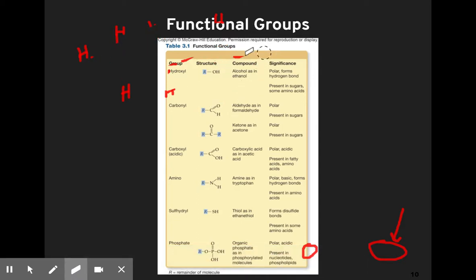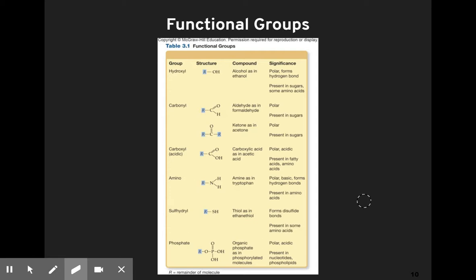And so I have a list here of the main functional groups that we are going to be using. I would recommend, you don't necessarily have to memorize these, but I think it's a good idea to have these somewhat down, because as you go through different molecules throughout the course, you're going to be able to tell pretty quickly, based on the functional group and that R group, what behavior that molecule is going to have, especially within the cell.